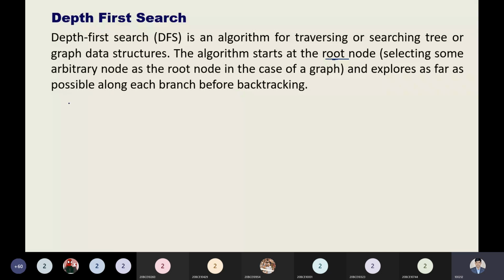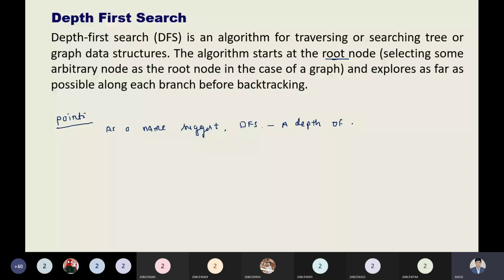As the name suggests, I can write some points, so please note them down. As the name suggests, DFS focuses on the depth.